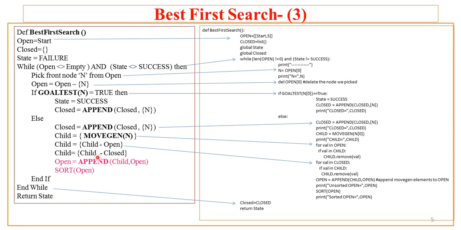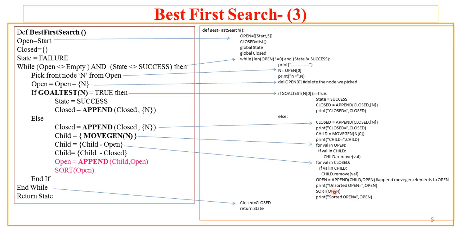Now after that, whatever is left in the child is added at the front of the open. That is achieved using this single statement. The append function is called, and this child list is added at the front of the existing open, and this way open is modified. But this open is sorted. So how to do that?